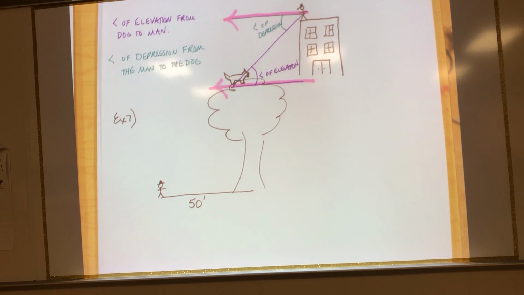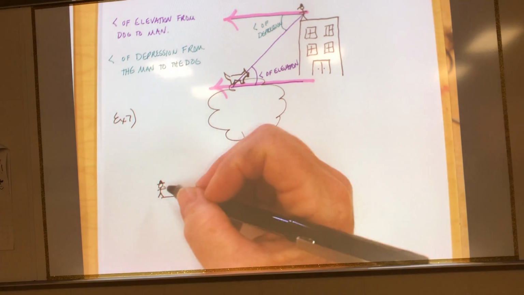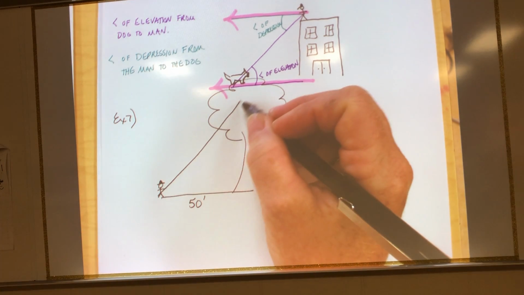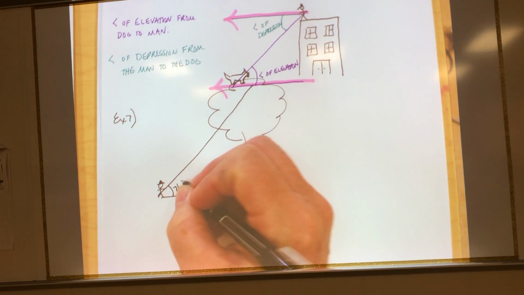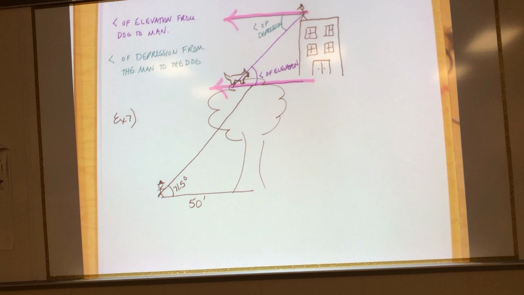It's just a little tripod thing, and you can point it at something, it'll tell you angles of elevation, angles of depression, tell you distances, all kinds of stuff. Did everybody get it? So, he measured the angle of elevation to the top of the tree. This angle is 71.5 degrees. Are you with me? It wants to know how tall is the tree.